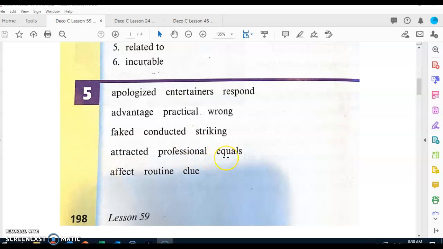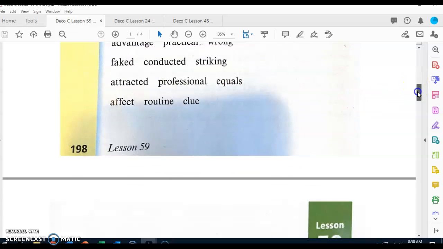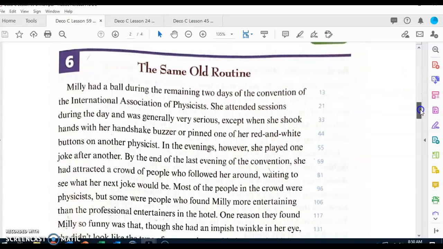Professional. Next word. What word? Equals. Next word. What word? Effect. Next word. What word? Routine. Next word. What word? Clue.